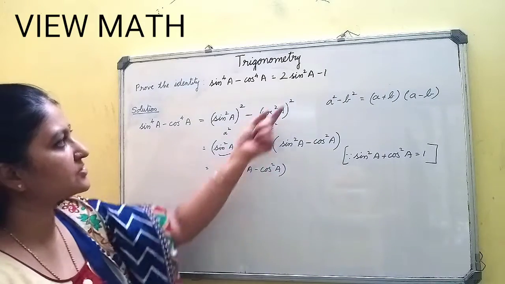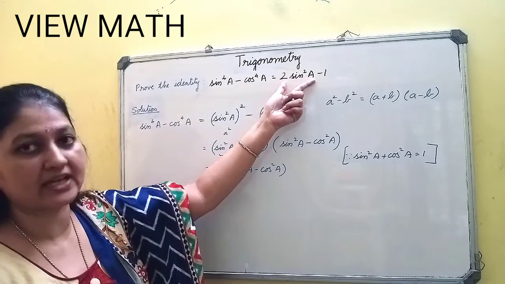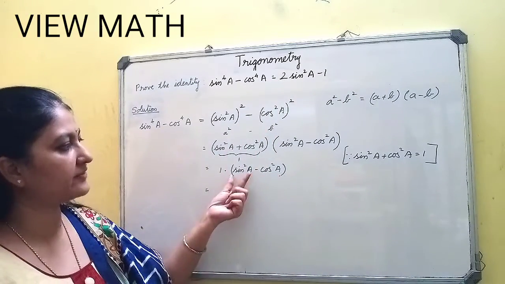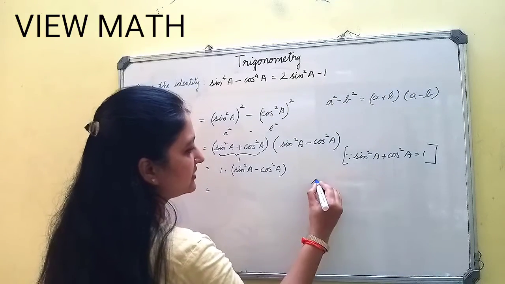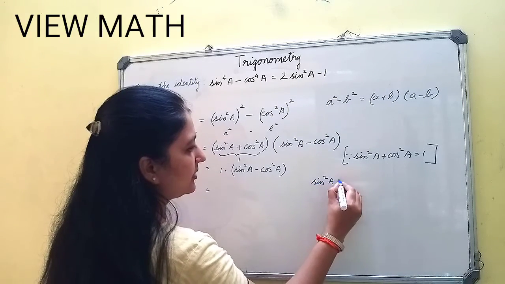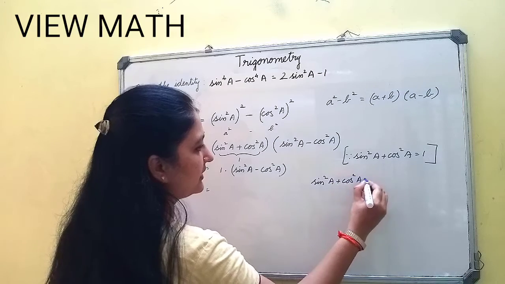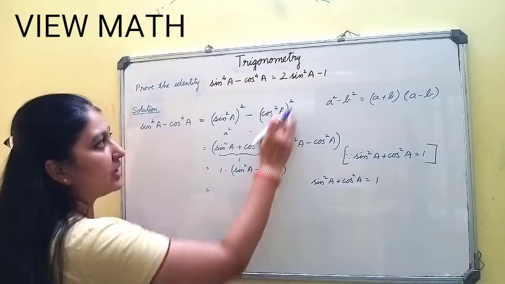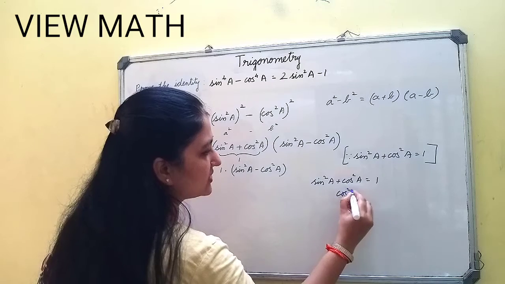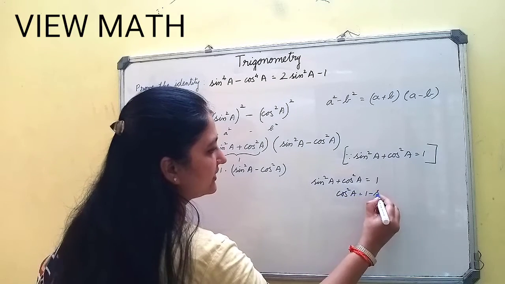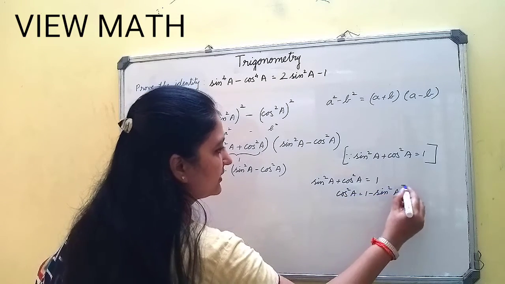Now they have asked us to prove, only sin terms are there, so cos I have to change into sin. So again the same formula, sin square A plus cos square A is equal to 1. So cos square A is equal to 1 minus sin square A.